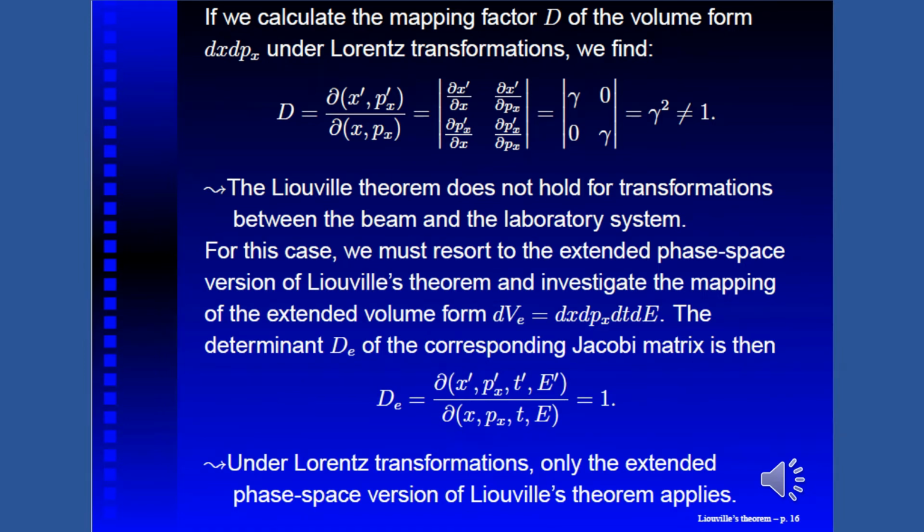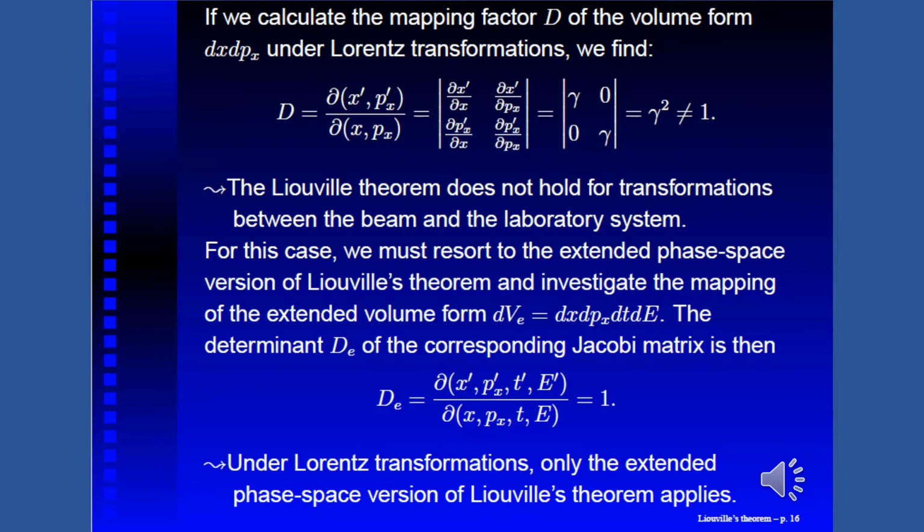If we calculate the mapping factor D of the volume form dx dpx under Lorentz transformation, we find that D = partial(x', px')/partial(x, px) = the determinant of the matrix [gamma, 0; 0, gamma], and that gives gamma squared, which is not equal to 1. The Liouville theorem does not hold for transformations between the beam and the laboratory system.